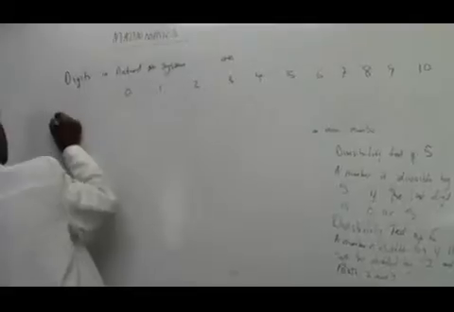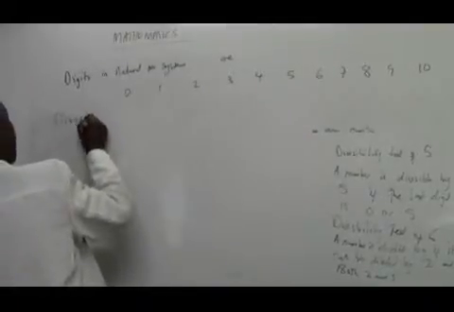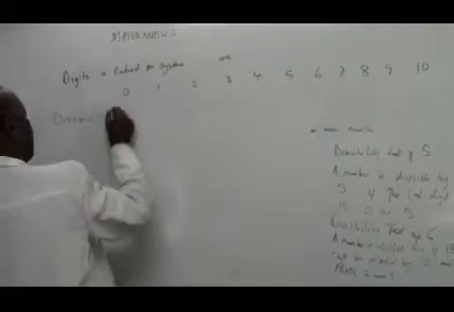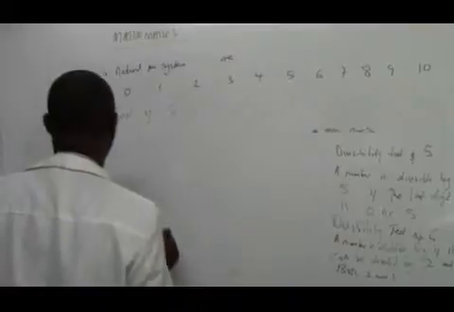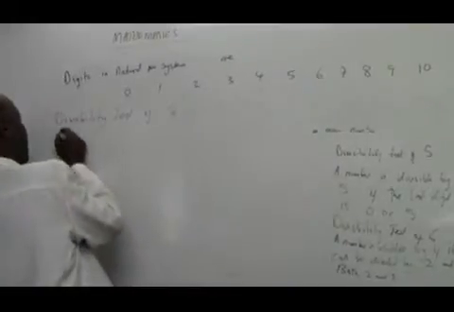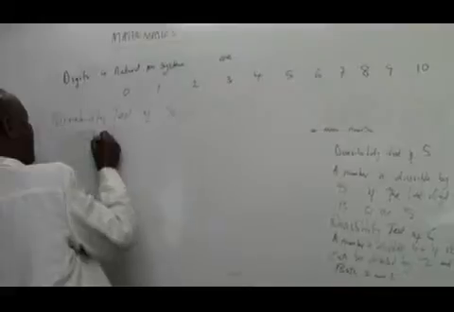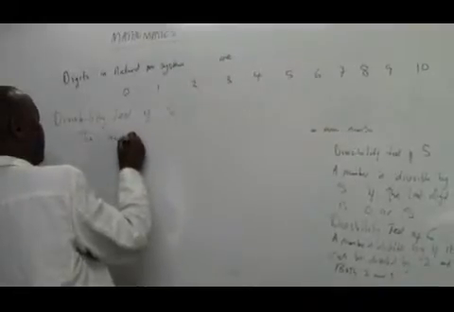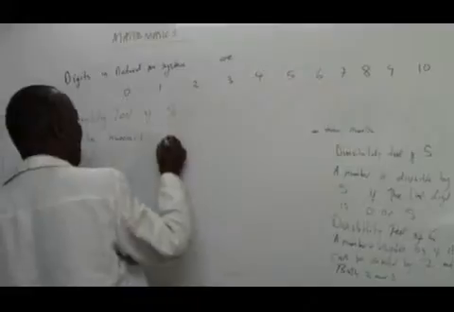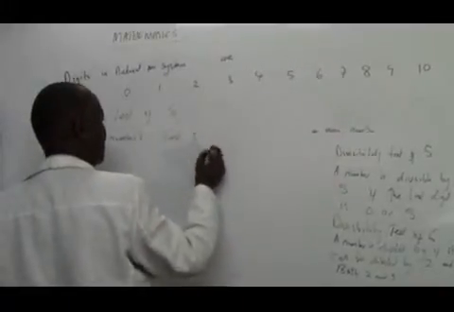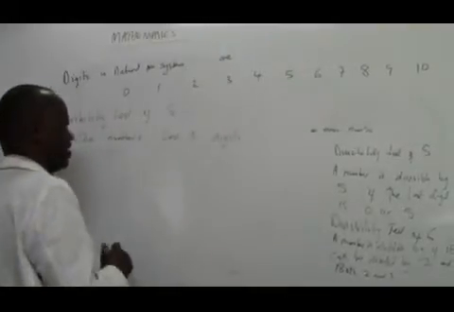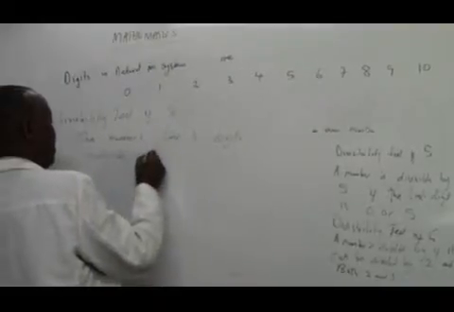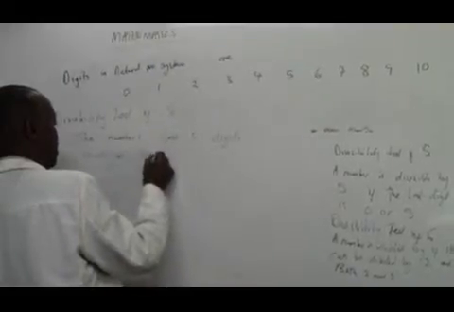In the divisibility test of 8, the number's last 3 digits must be divisible by 8.